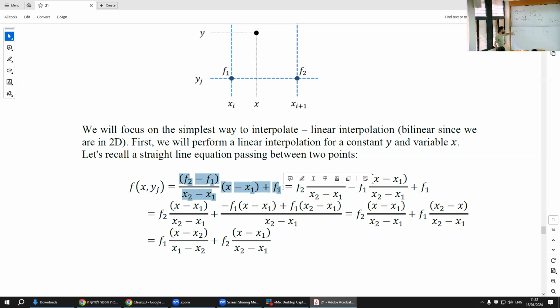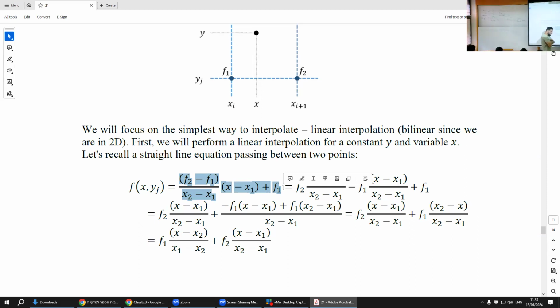And this function at y2 is f of x, y2. So f of x, y is an interpolation function of this grid of four given points. And I can ask now what is the answer at x, y, and plug in the values of x and y.